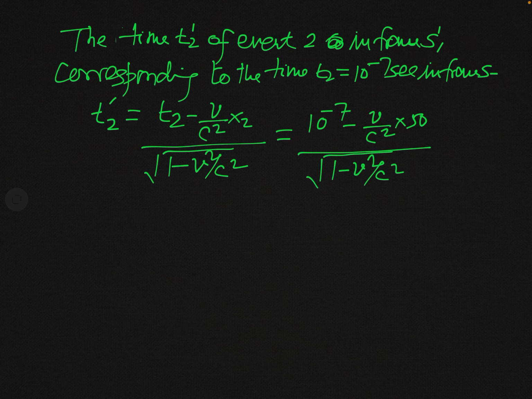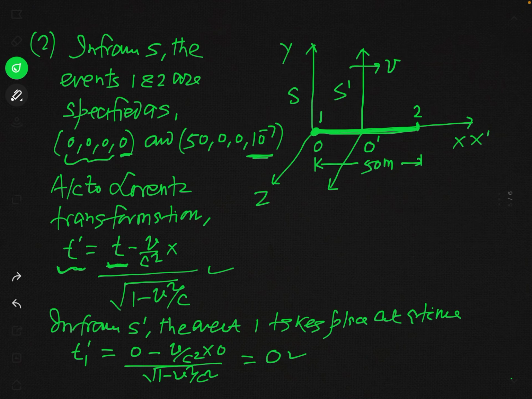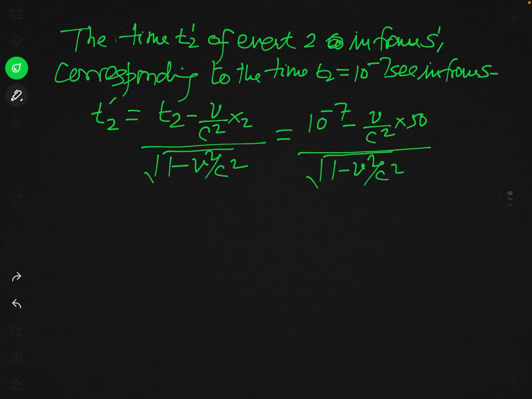So this is the time at which the second event takes place with respect to the frame S prime. But the problem says that the events 1 and 2 are simultaneous in this moving frame. So this T1 prime must be equal to T2 prime for the simultaneity of events.